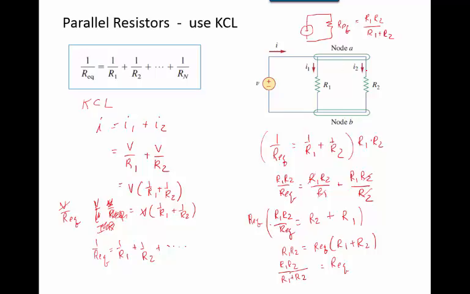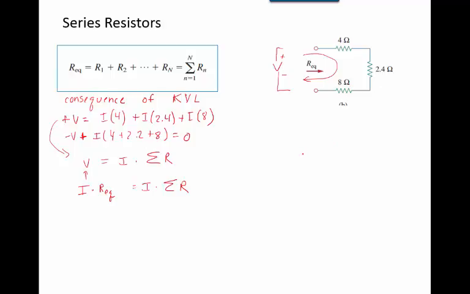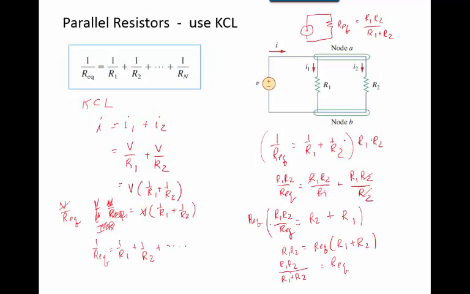So you can take these two resistors and replace them by one equivalent resistance. Likewise, in the series circuit, I can have my voltage source right here, and instead of having three resistors in series, I could have one equivalent resistance of 14.4 ohms. So I can replace my three resistors in series with one. Here I can replace my two resistors in parallel with one, and that's the value of it.